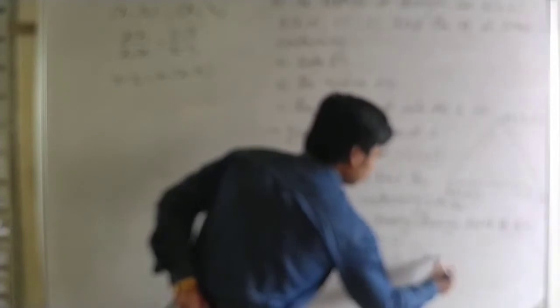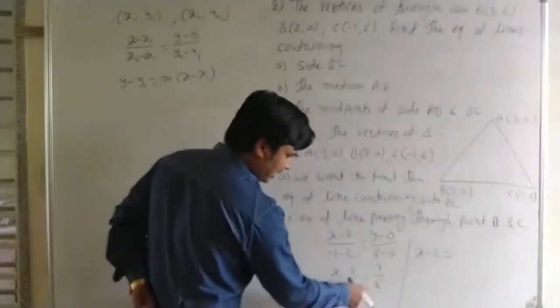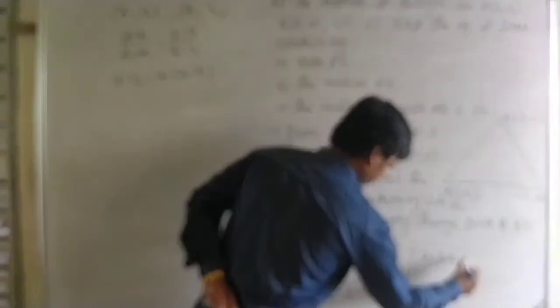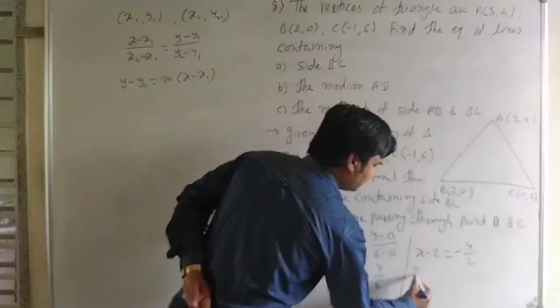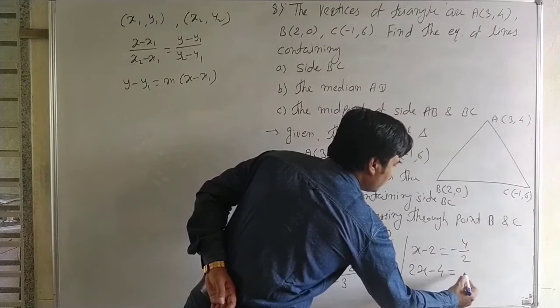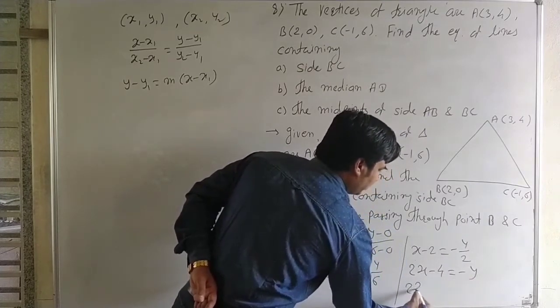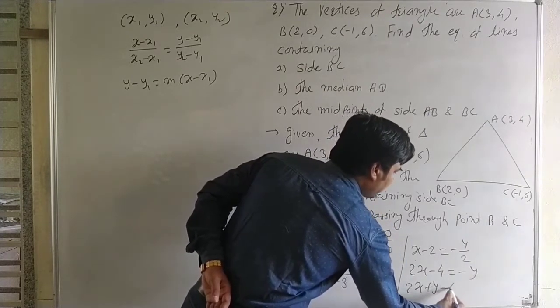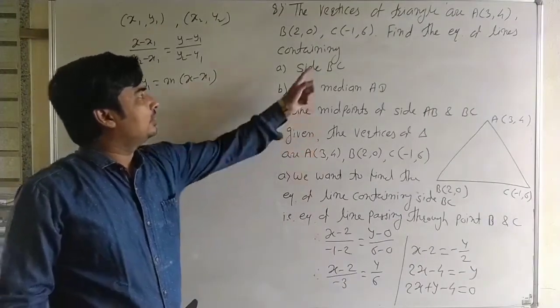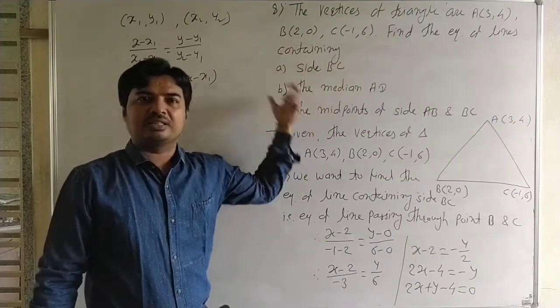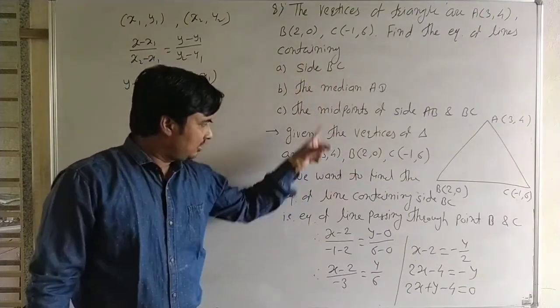Therefore this can be written as x minus 2 is equal to minus y by 2, since 3 upon 6 is 1 by 2. Then 2x minus 4 is equal to minus y, and then 2x plus y minus 4 is equal to 0. It is the equation of the line containing points B and C, that is the side BC of the triangle. It is the first question.